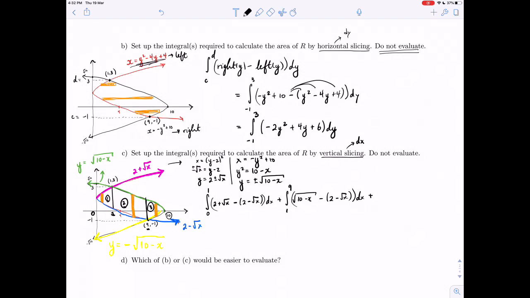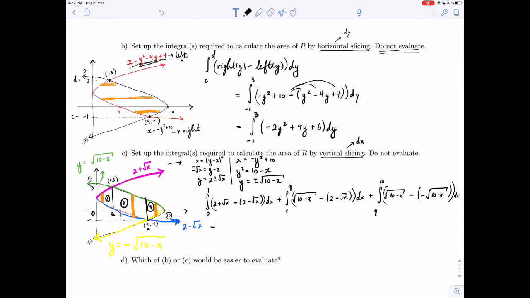And finally the third region goes from 9 to 10, and we've got the green curve, which is the root of 10 minus x minus the yellow curve, which is minus the root of 10 minus x, all of that dx.